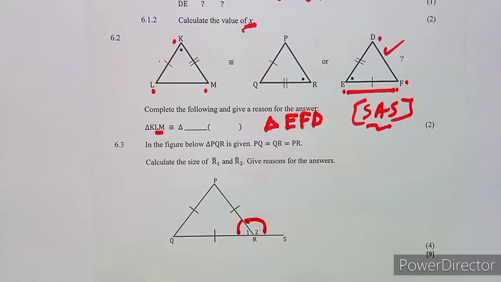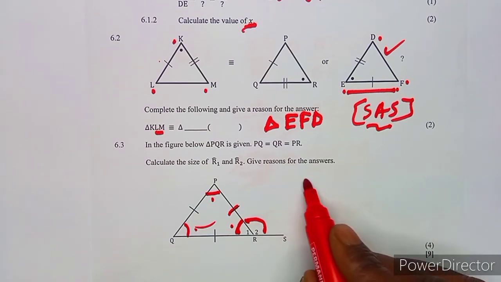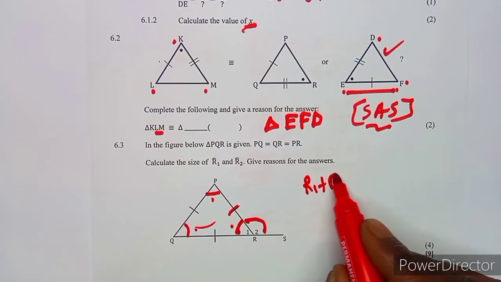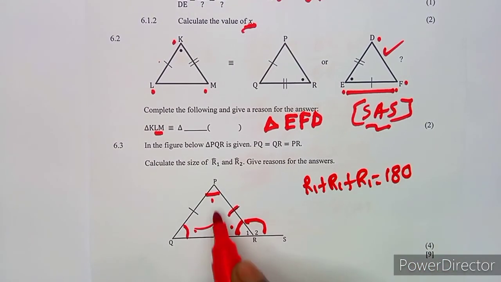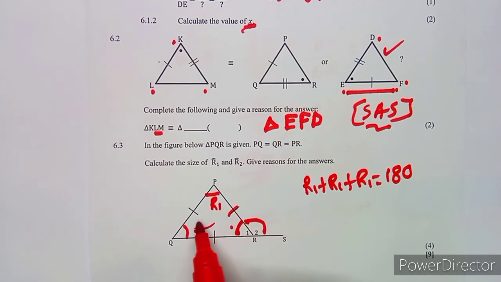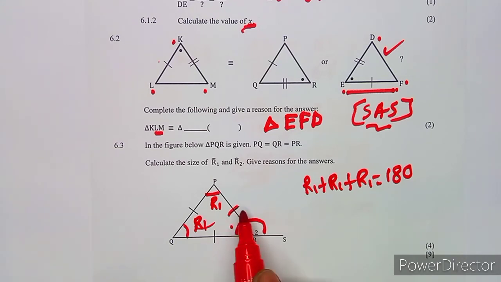All right. So take note, we know that angles in a triangle add up to 180, and these sides are equal, which means these angles are also equal. So that means R1 plus R1 plus R1 is equal to 180 degrees, because the angles are the same, because the sides are the same.